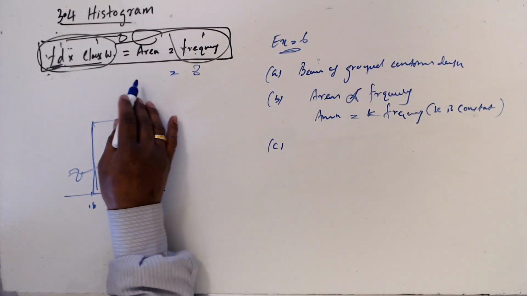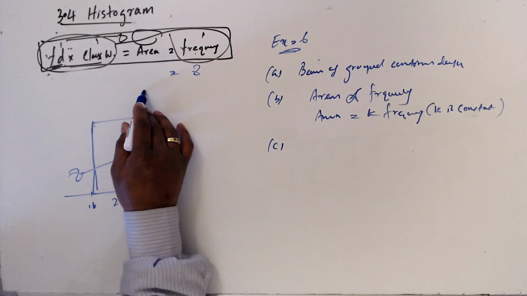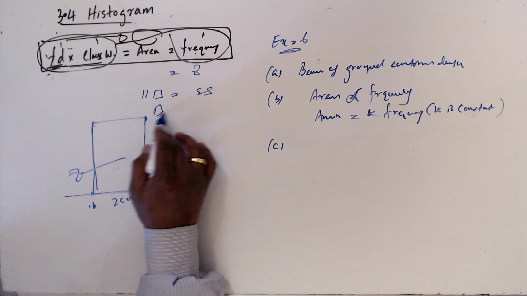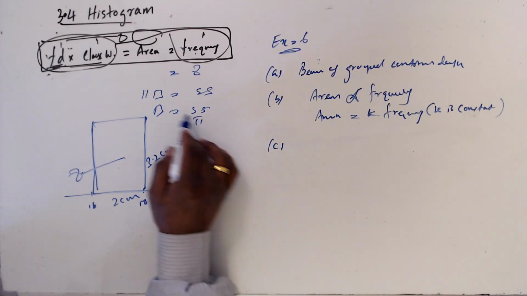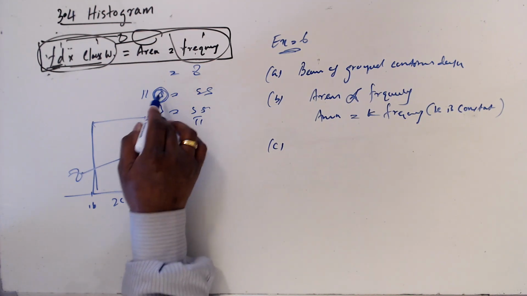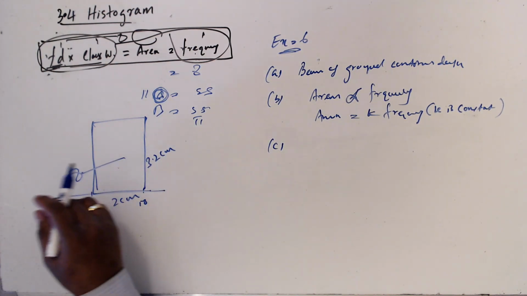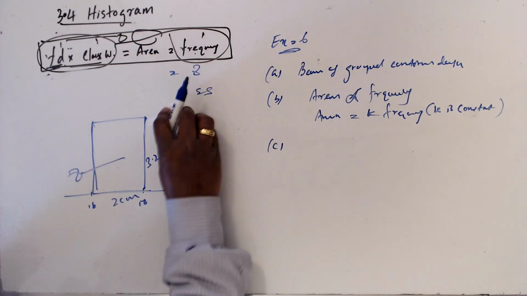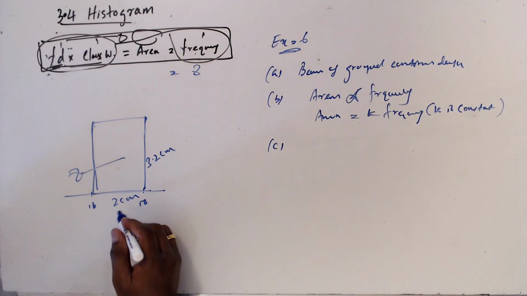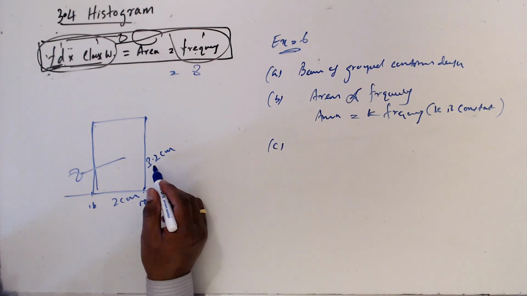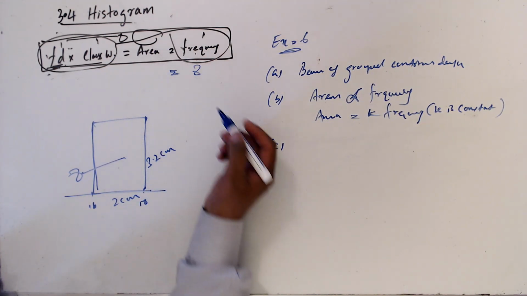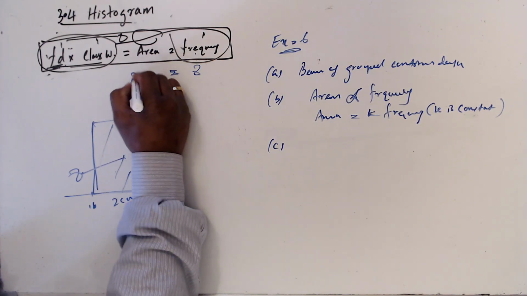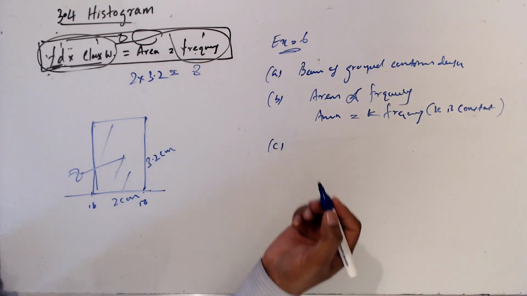Can you remember that we worked with boxes, where one box equals something, and I measured the area in number of boxes? Now they give the real distances, 2 centimeters and 3.2 centimeters. So the total area is 2 times 3.2.